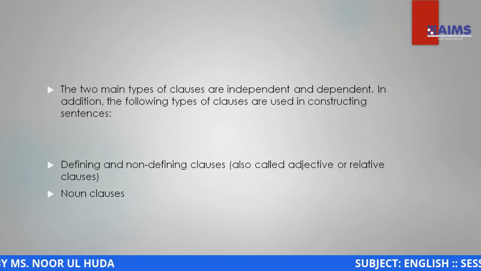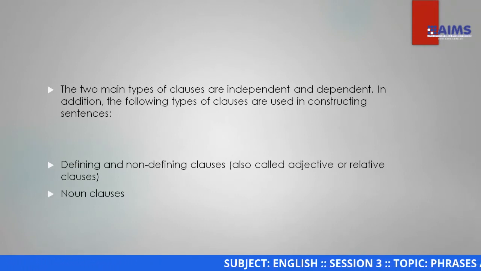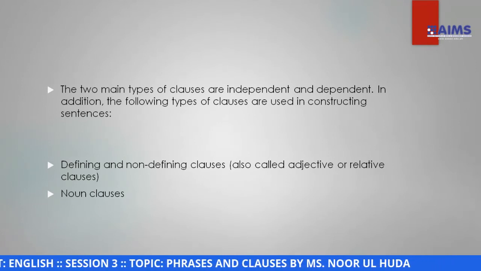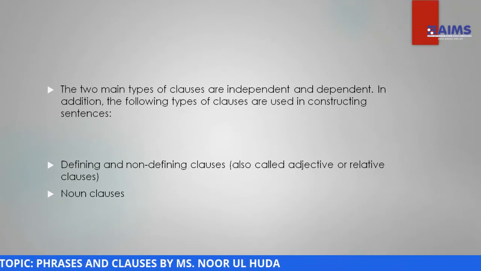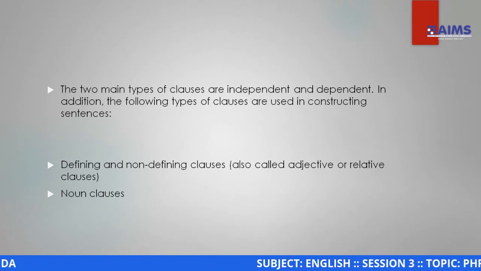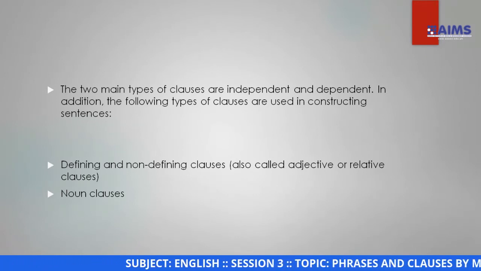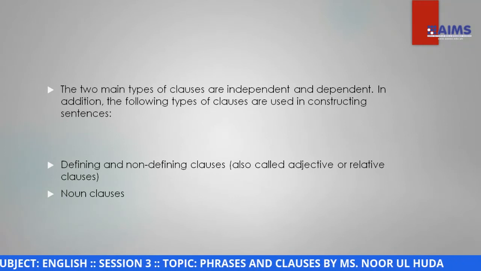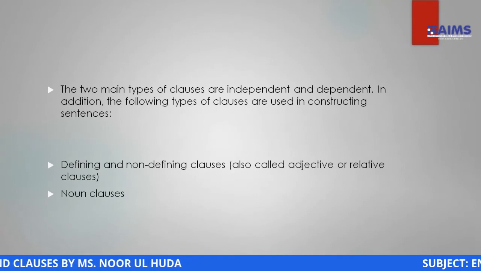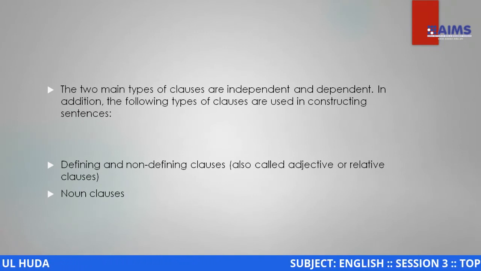Let's suppose I say "I go to market." This is a complete thought. But if I add a linking word, "whenever I go to market," what actually happens next? I need an independent clause to complete this meaning. Let's suppose I say "before I talk to my students," and then full stop.